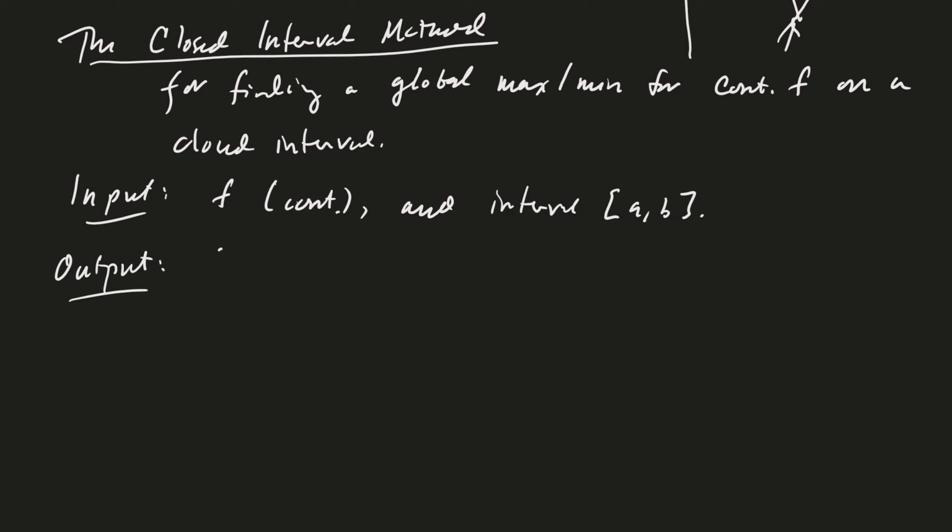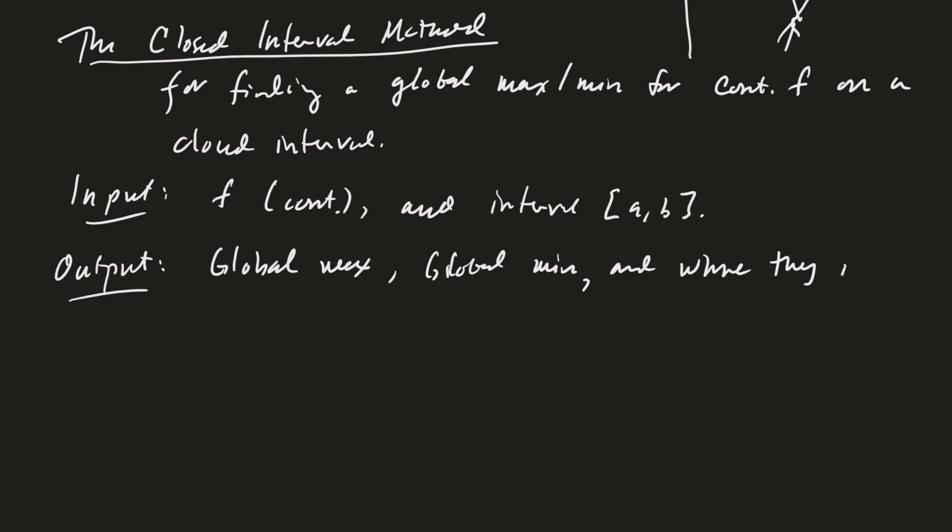The output is the global max and global min. Usually you don't just write down the y values. These are y values, the global max and global min, and you also write down where they occur. It's important to know where in the interval the max and min occur.